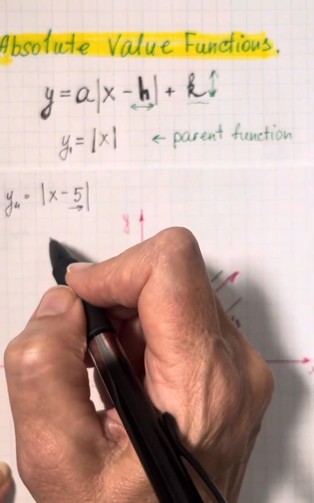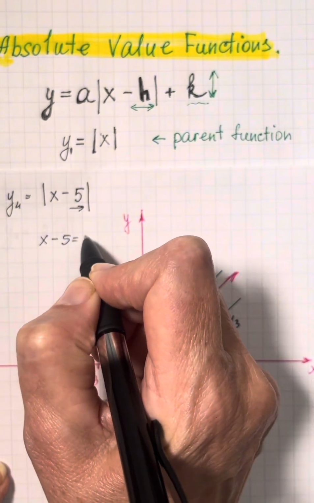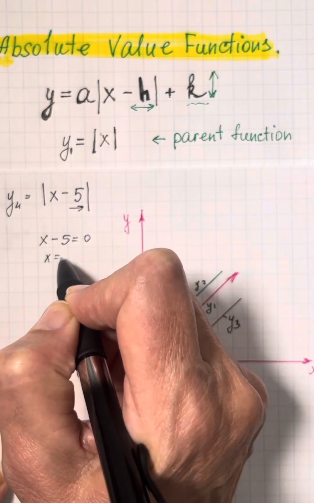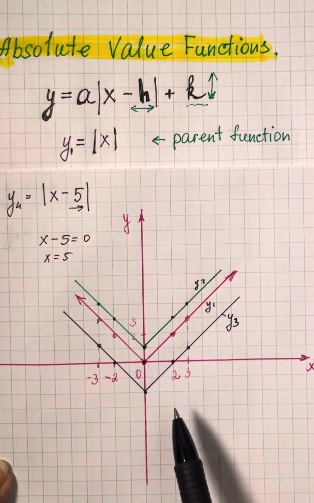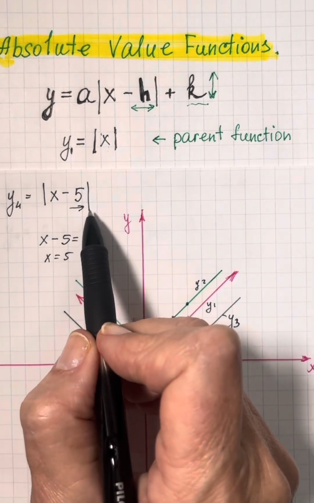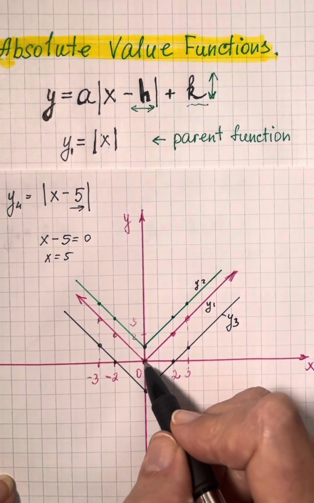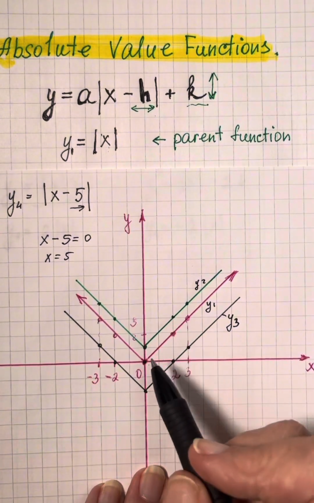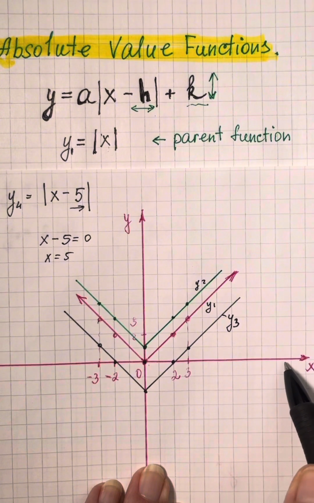So if I put x minus 5 equals 0, then x equals 5. In other words, the parent function will shift to the right 5 units. Each point of my parent function will shift to the right.